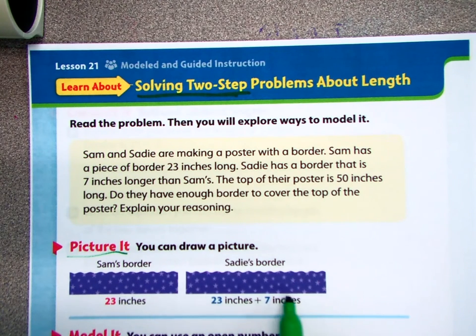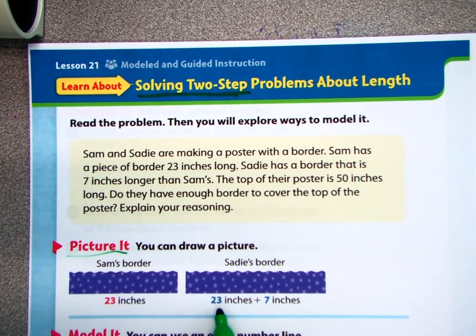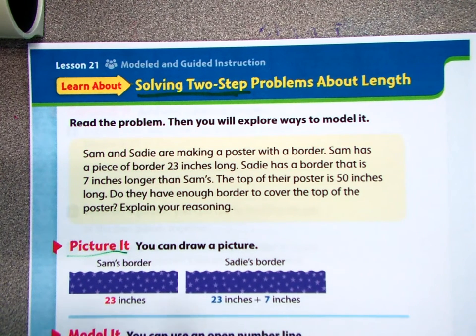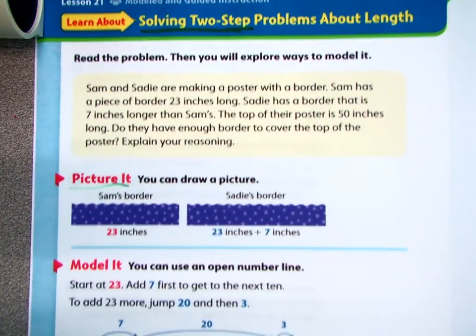So we draw another piece of border. We know Sam's is 23, and you got to add the other 7 because it says she has 7 inches longer. So you can do it this way. Draw a picture to solve your problem. Okay? Let's look at the next.